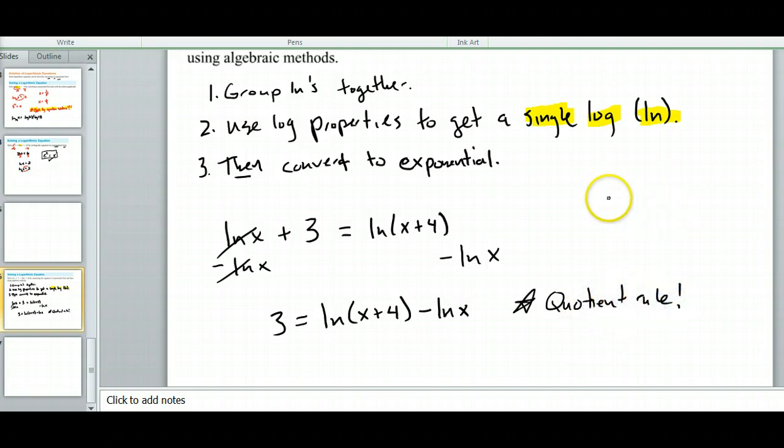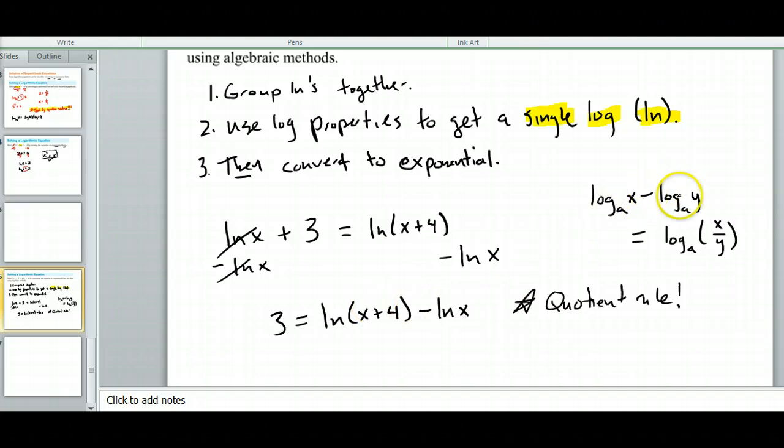Remember, the quotient rule says if I have the log base a of x minus the log base a of y, that's the same thing as the log base a of x over y. And that's what we have here. It's just the natural log, base e, so this is going to work with natural log.